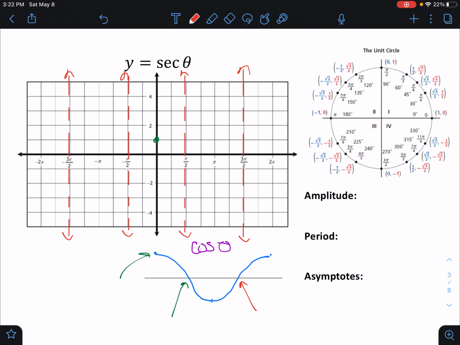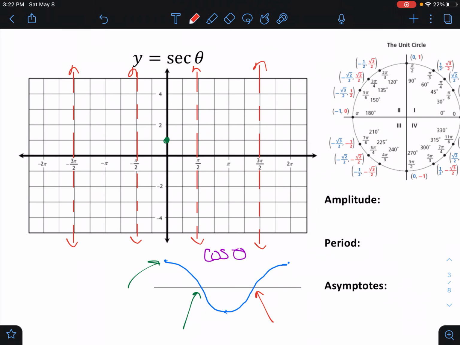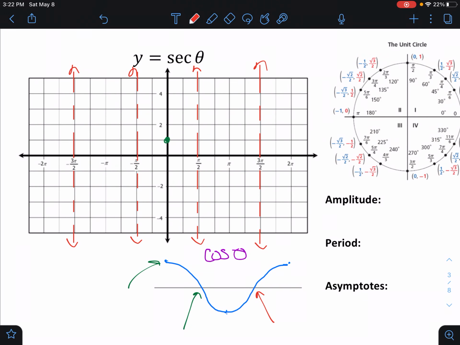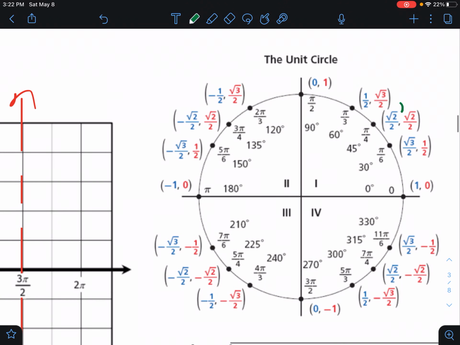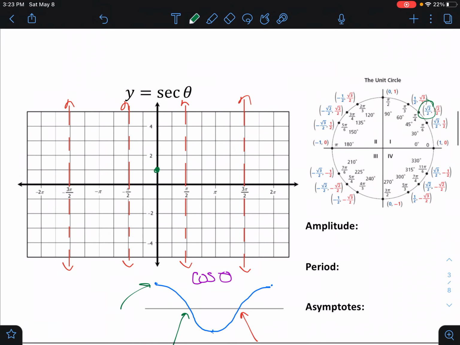It's going to look very similar to my cosecant graph. So let's go back to my color here. At pi over 4, let's do the reciprocal now of cosine, so that would be 2 over square root of 2, and it'd be 1.4 again. So I'm going to get that same kind of situation. If I go the other way, I'd get this.